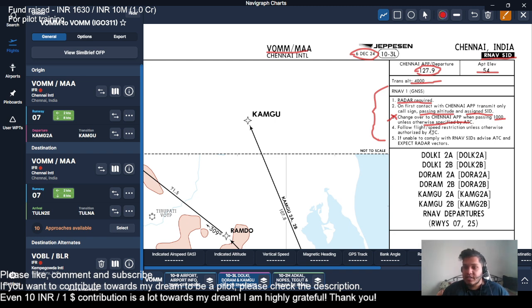Speed restrictions, we will come to that later, unless otherwise authorized by ATC. If unable to comply with the RNAV SID, advise ATC and expect radar vectors. So there is always a fallback mechanism: ATC can vector you if you cannot follow the RNAV SID.